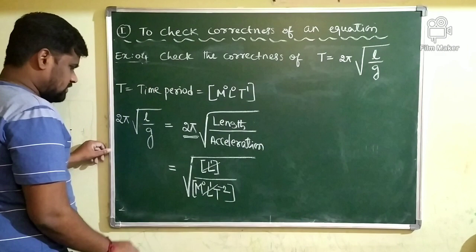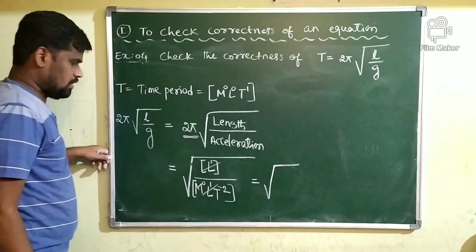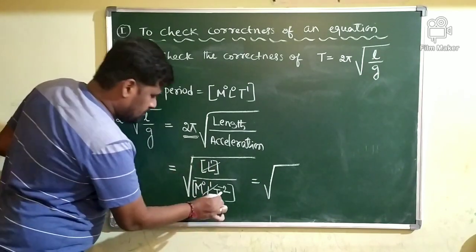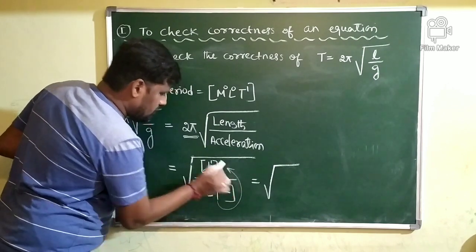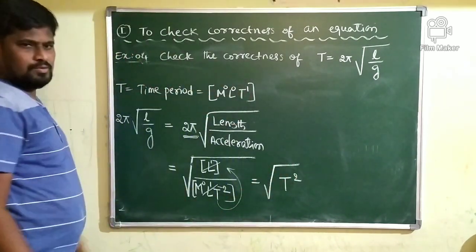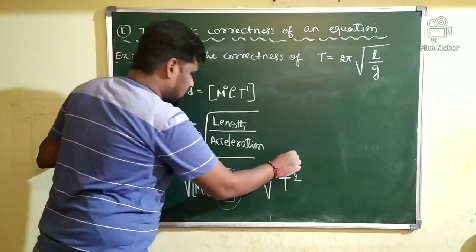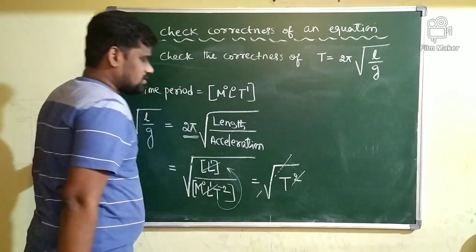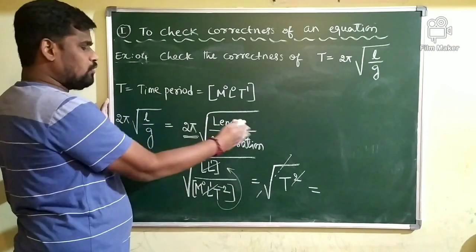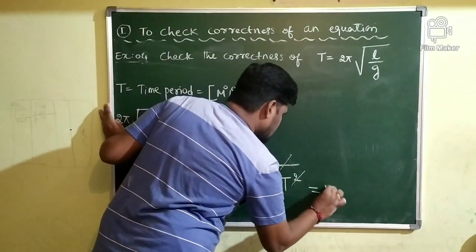So it equals the square root of t power plus 2. You all know square and square root get cancelled. Therefore, I am left with only t.